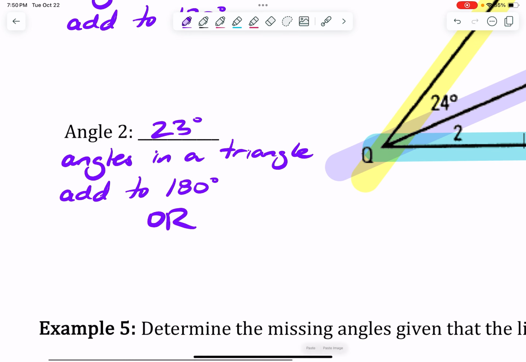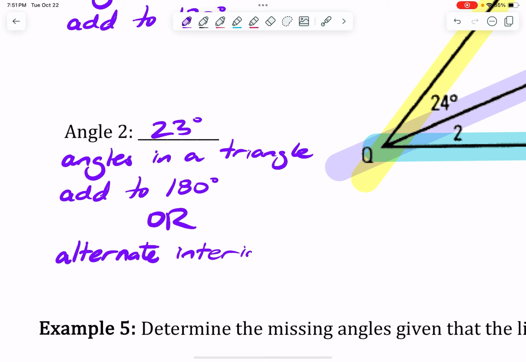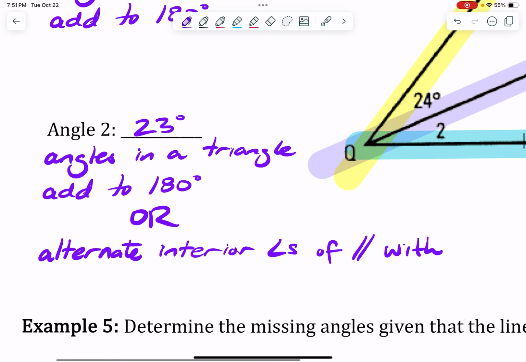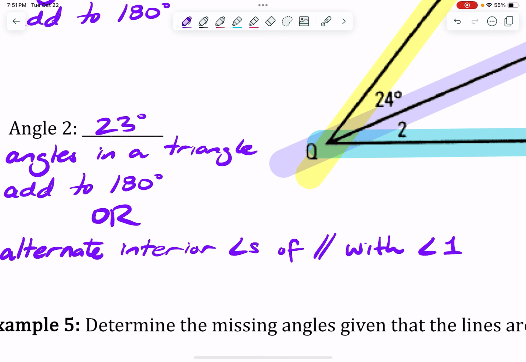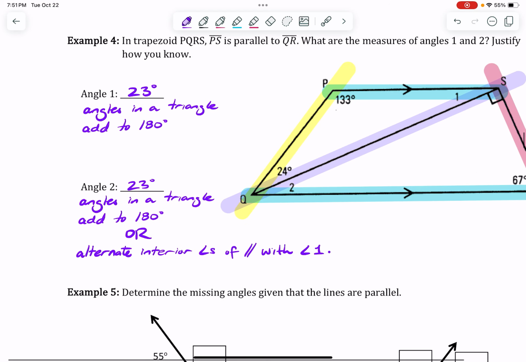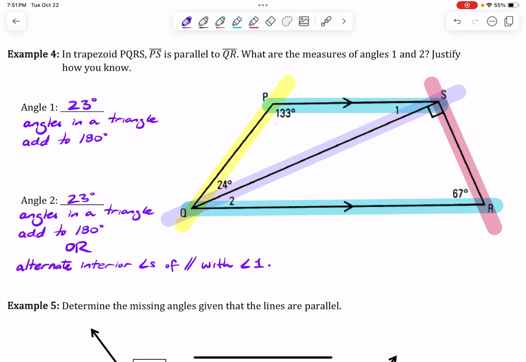So the other property you can use is that it's an alternate interior angle of parallel lines with angle 1. That example is done. So multiple ways to get our answer in that case, but still give us the same result.